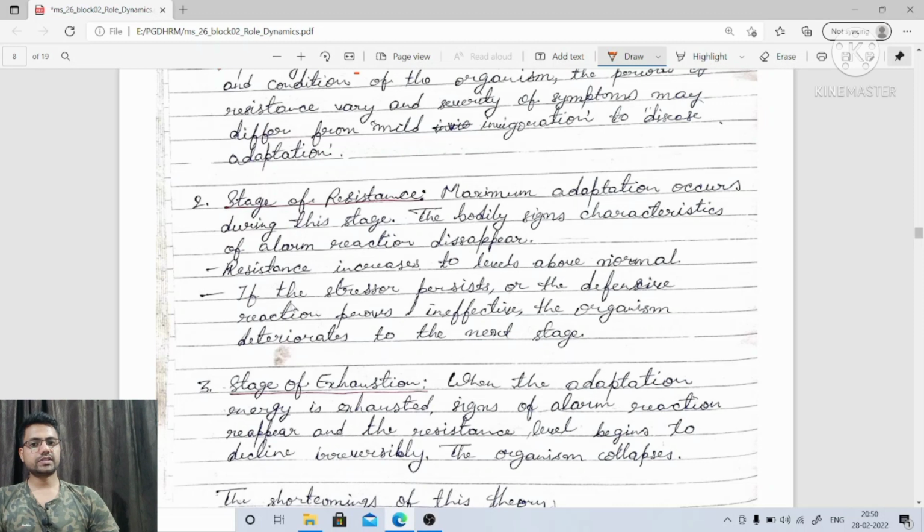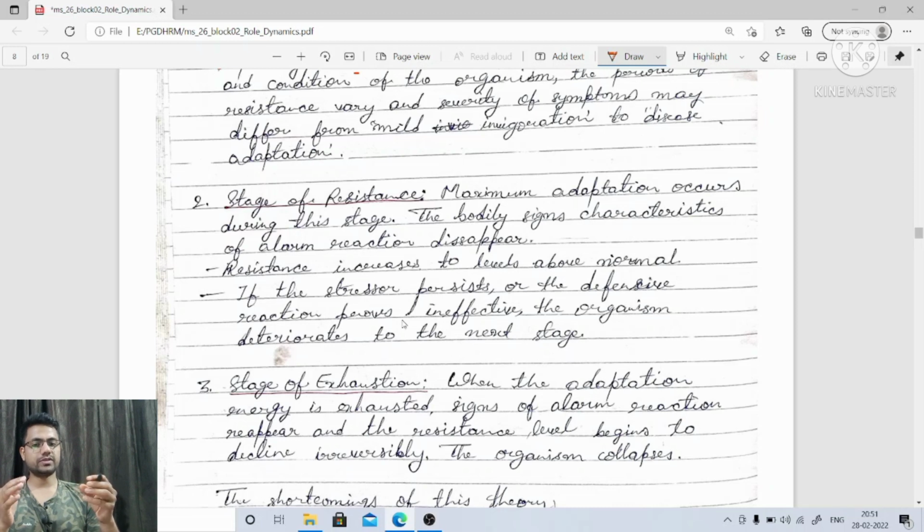But if the stressor persists or the defensive reaction proves ineffective, the organism deteriorates to the next stage. So now you can see, if in the stage of resistance the stressor continues to persist, if the stressors continue to remain active, then what will happen?